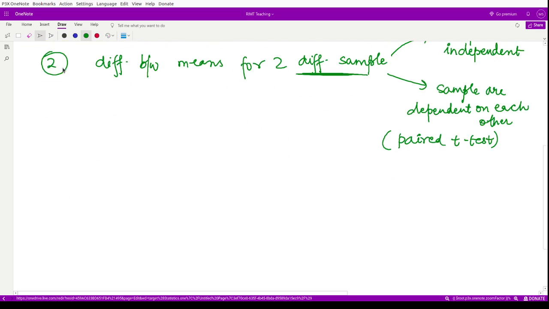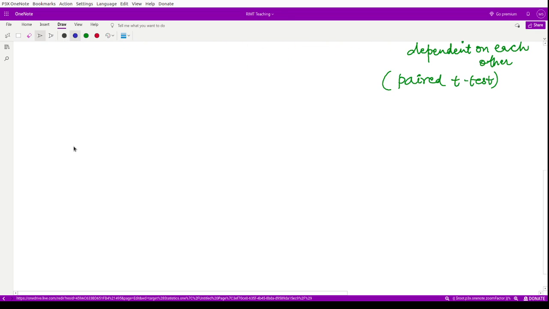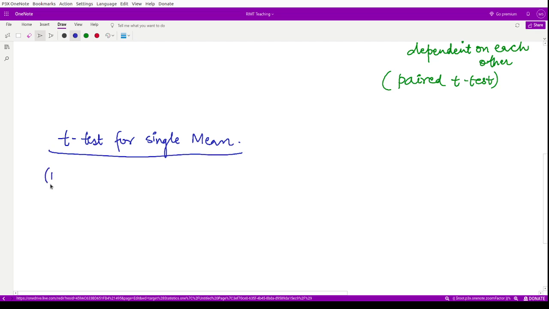So first of all, we are going to start with t test for single mean, right? So when do we use this test? You use this test if a random sample is present with you.